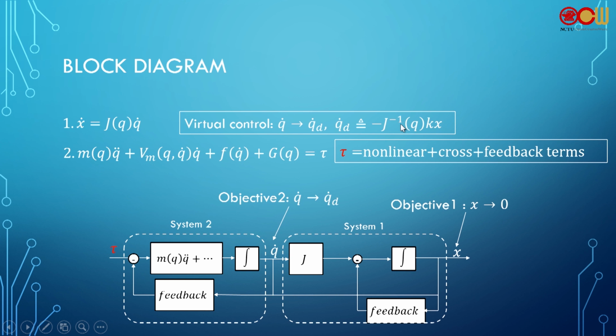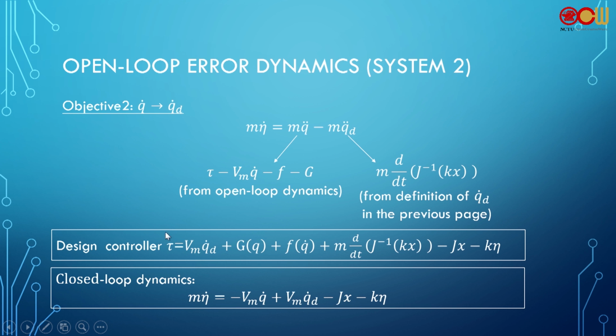So when you implement the controller, you don't need to implement this, because it's virtual control. What you need to implement is tau. Given the tau, you will get some Q or Q dot, and Q dot will be used to connect with the first system. That's why you only see Q dot, which is the bridge between system 1 and system 2. But you still need eta, because in the physical control tau, you might see eta. For example, this is the control you need to implement, and you see eta here.